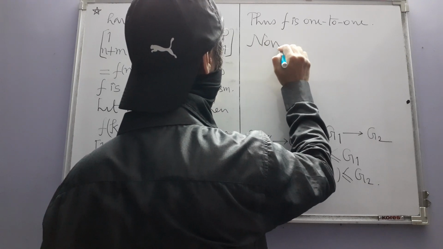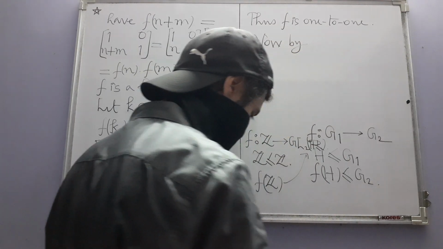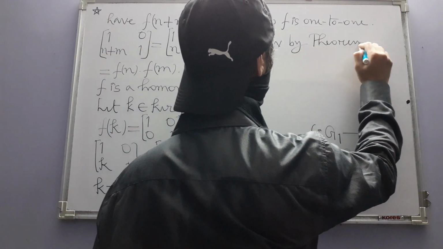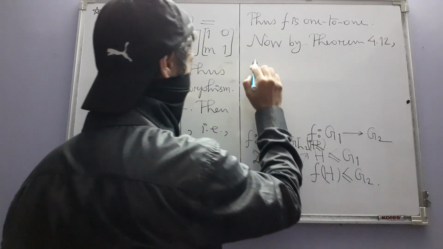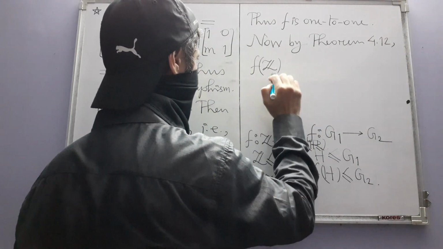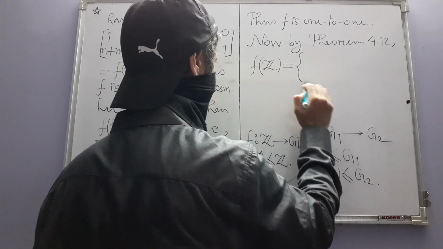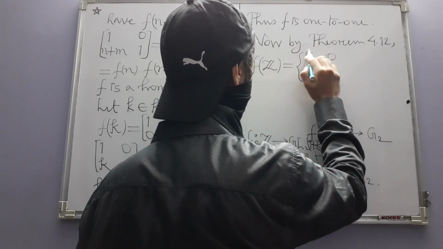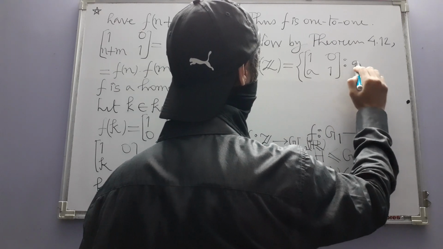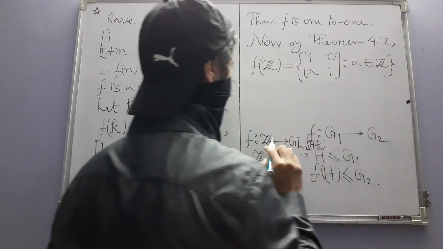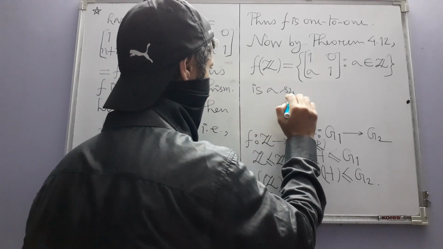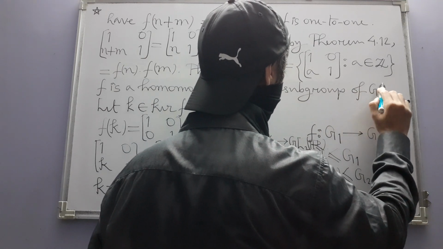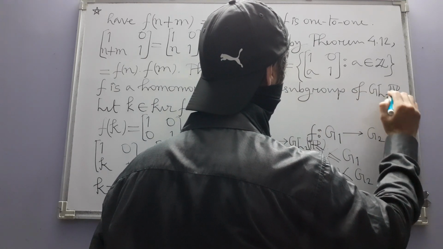Now, by theorem 412, f of Z, let's just write it as a set, is a subgroup of the general linear group.